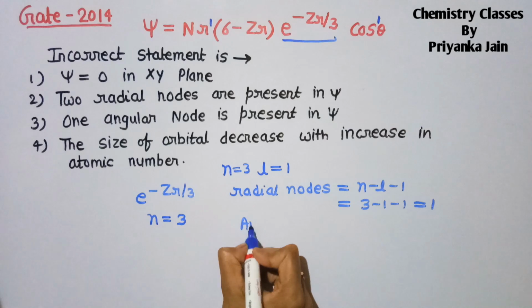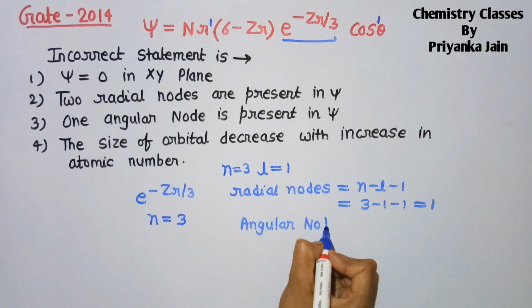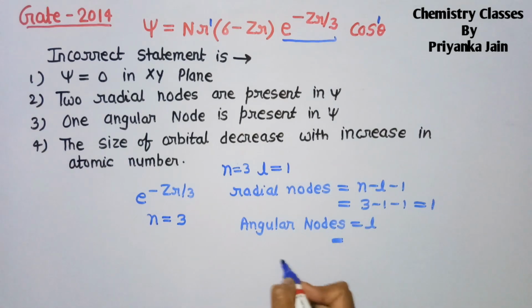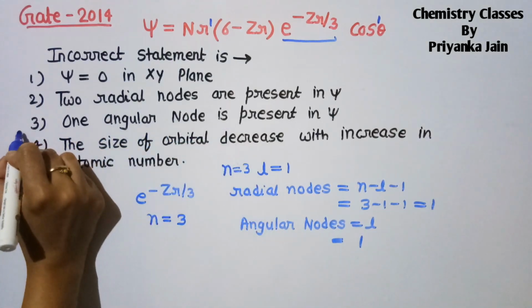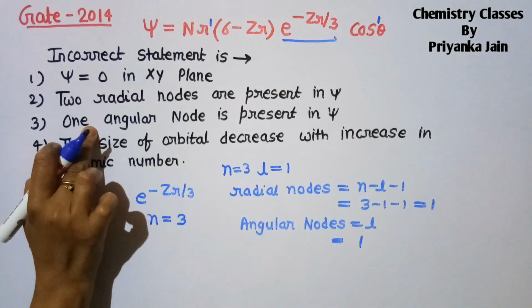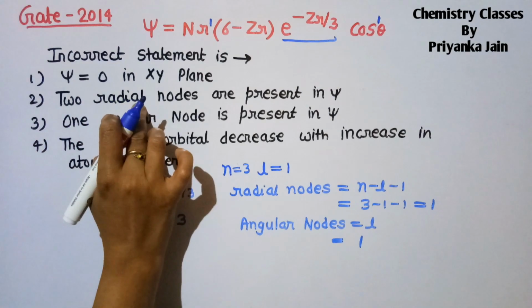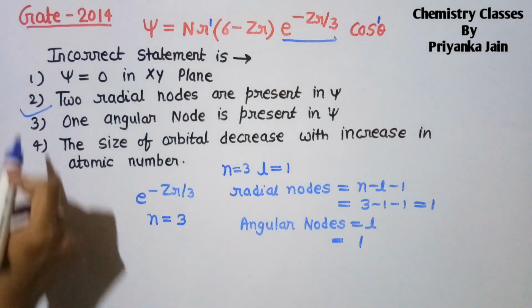And angular nodes will be equal to L, so it will be equal to 1, right? So the angular node is 1. It means 1 angular node is present. So this option is a true statement. Now see, radial nodes is equal to 1 and we have been given that 2 radial nodes are present. So this is the false statement. So the correct option is option number 2.